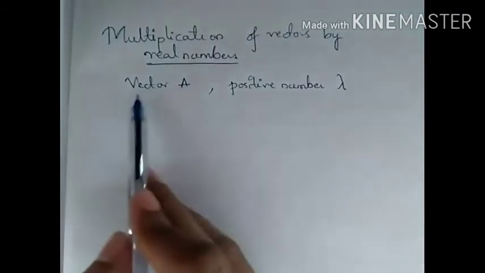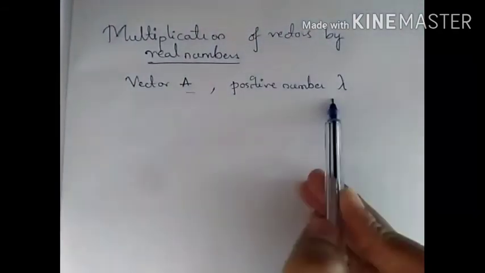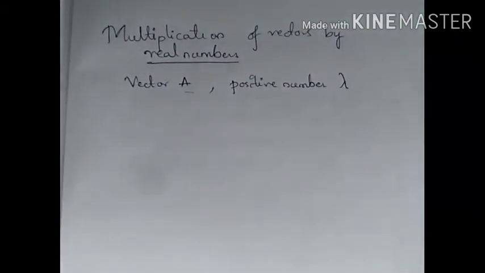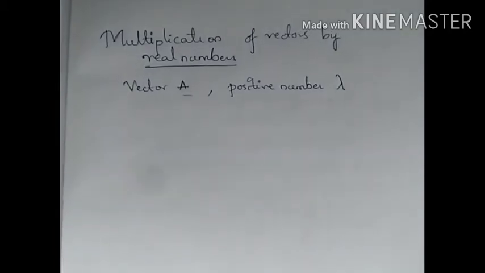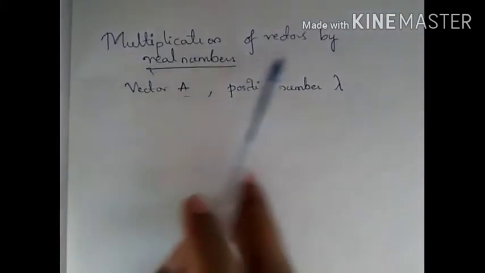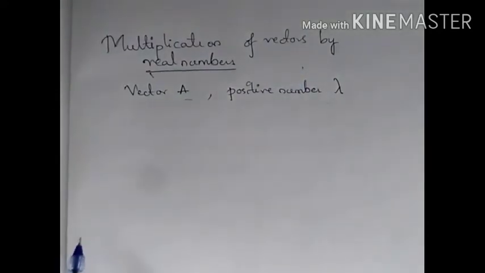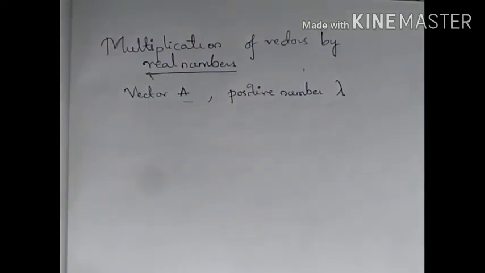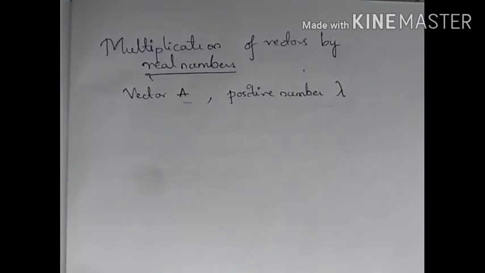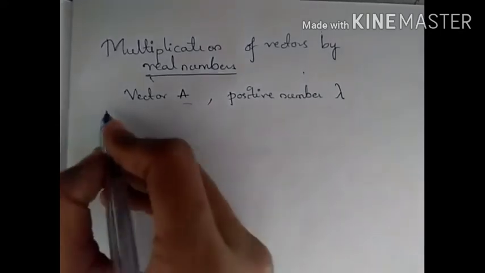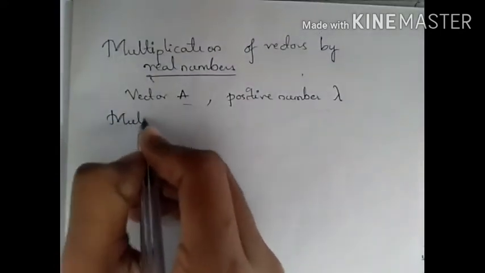Multiplying a vector A with positive number lambda will give a vector whose magnitude is changed by factor lambda, but direction remains the same.